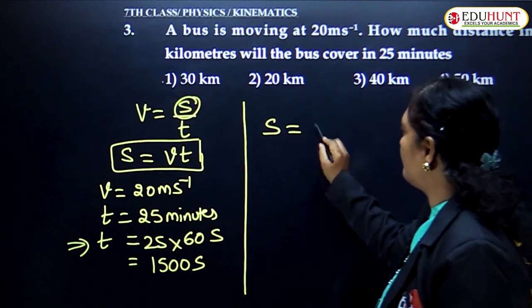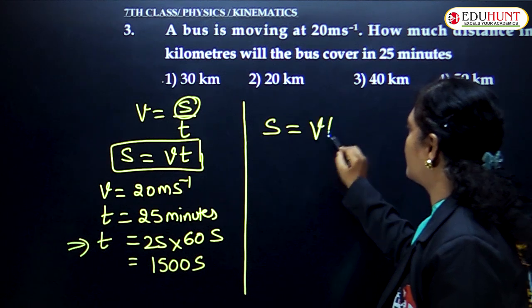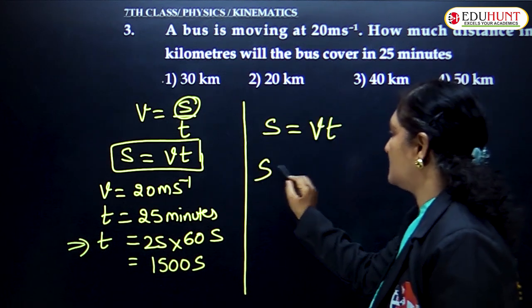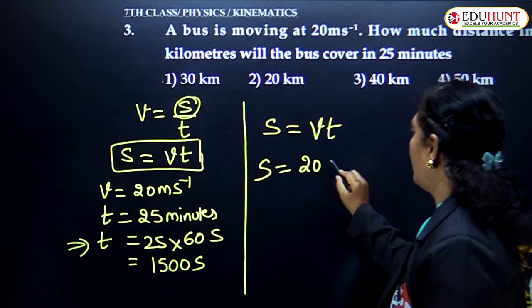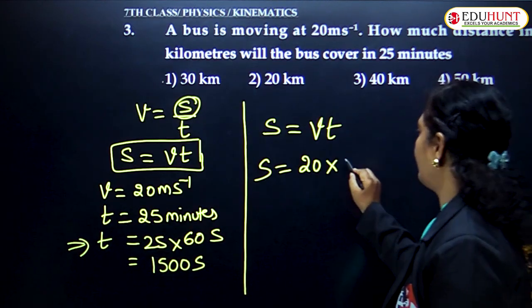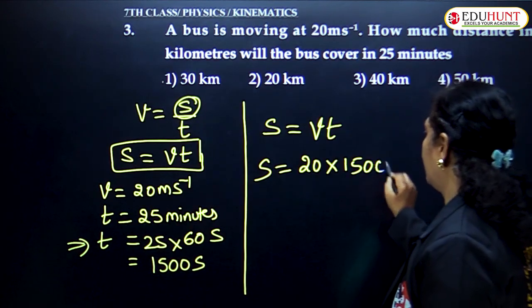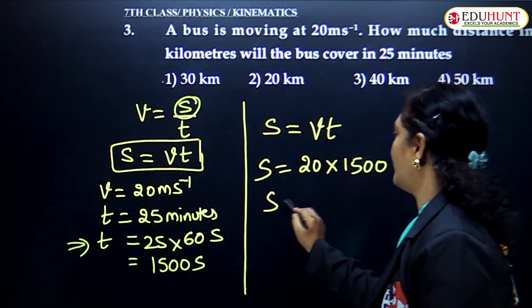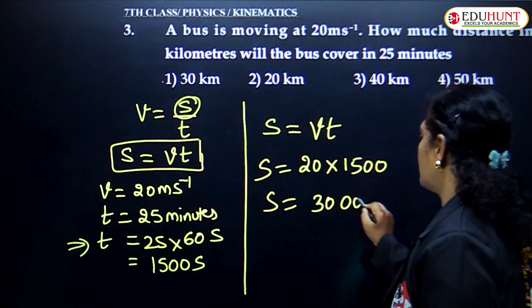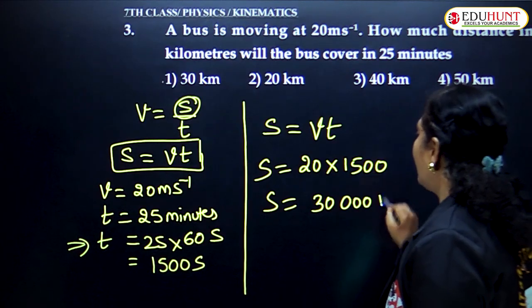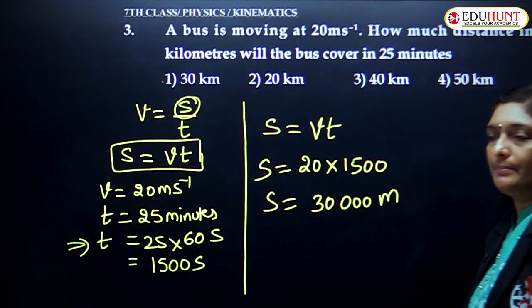So, distance is equal to speed into time. Speed is given to be 20 meters per second and time is given to be 1500 seconds. After further simplification, how much are you getting? 30,000 meters. You got the answer in meters.